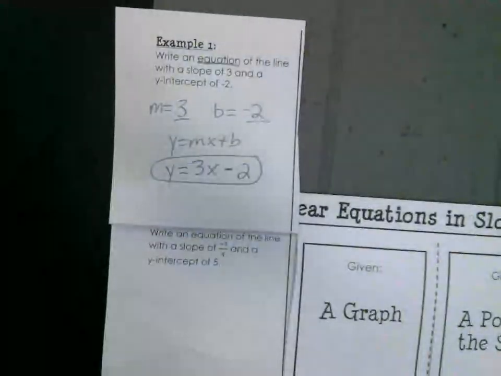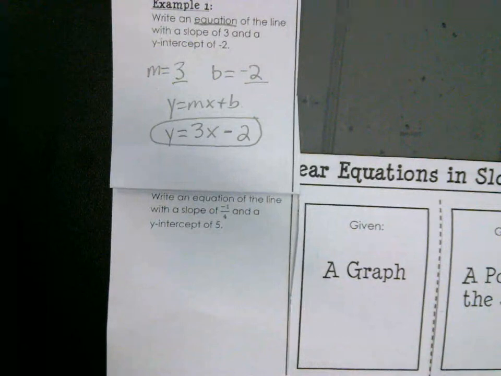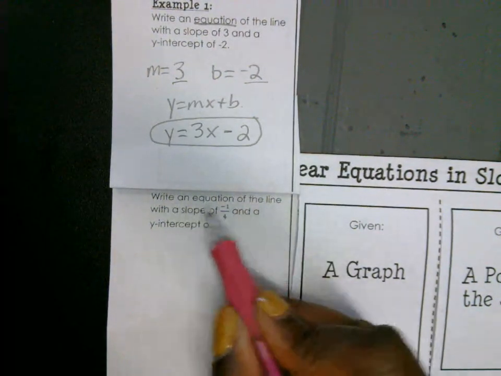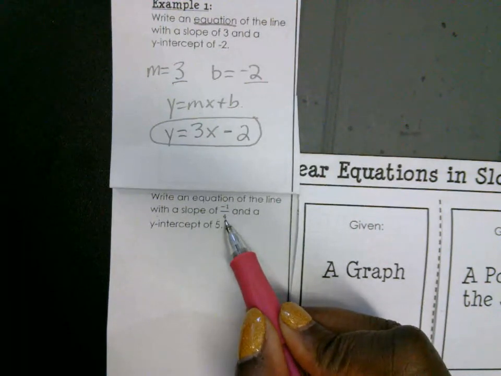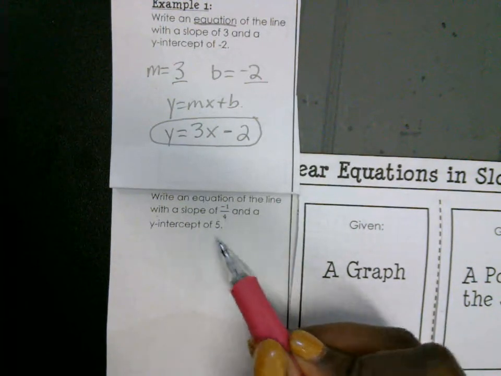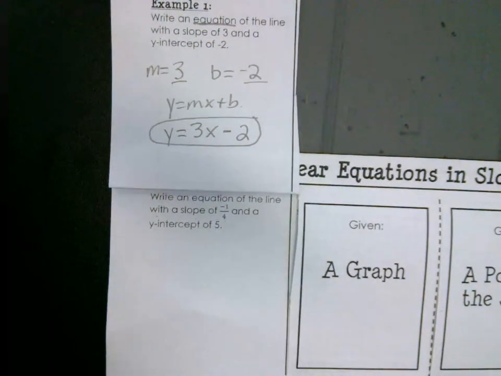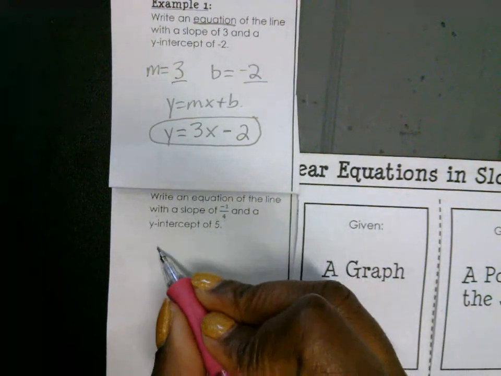All right, let's do number 2. Now I want you to do this one on your own. Write an equation of the line with the slope of negative 1/4 and a y-intercept of 5. I'm going to pause for the calls. All right, so let's try. They want you to write an equation in slope-intercept form.